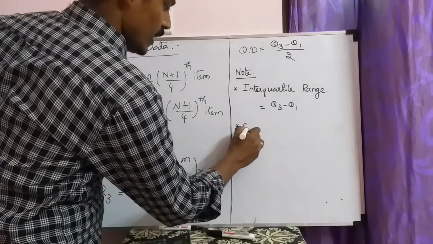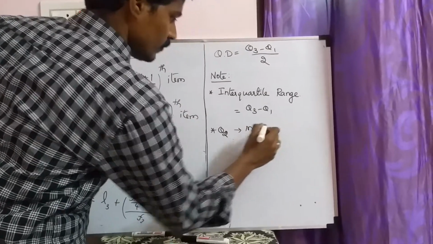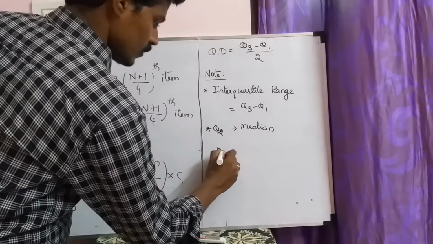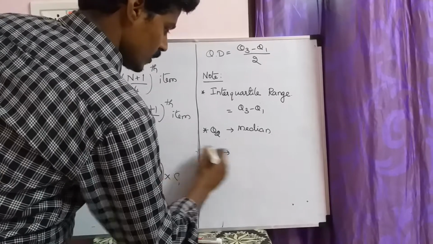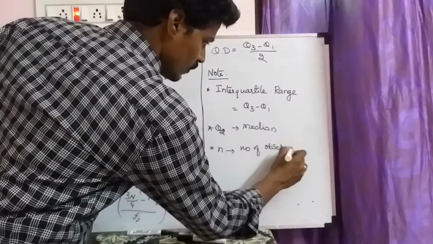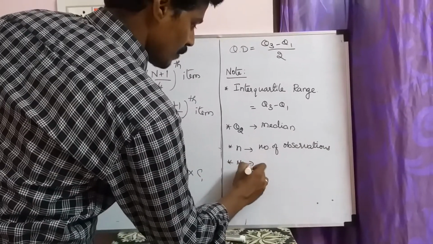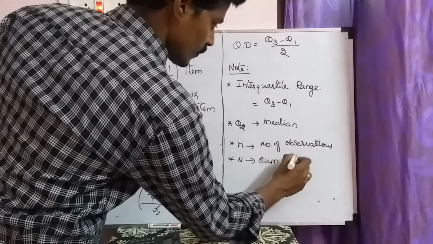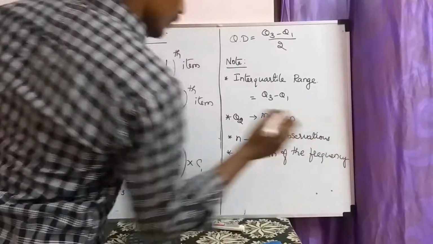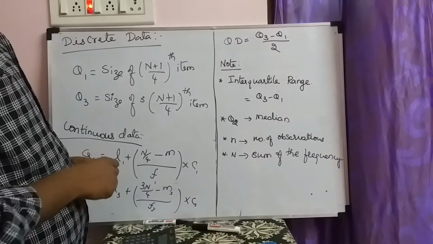Next, Q2 is nothing but the median, and n is the number of observations, and capital N is the sum of the frequency. The width of the class is c.